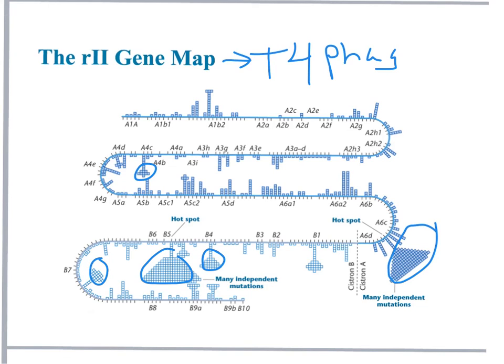In this one, what we end up seeing is mutations occurring, and the numbering starts at A1a, the beginning, and they go sequentially all the way around and then switch over at this part. Cistron B takes over right here, so the numbering changed again.